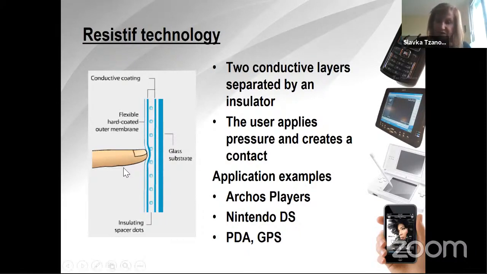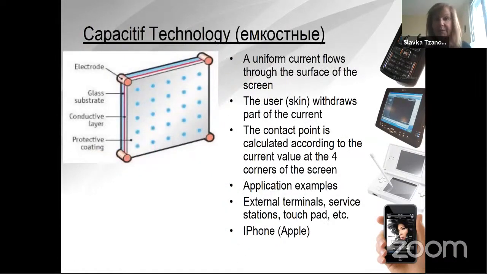Different applications: in fact they have the same application, but computer screens usually are capacitive. The capacitive technology, what you can see on the left, the principle, we have electrodes on four sides.